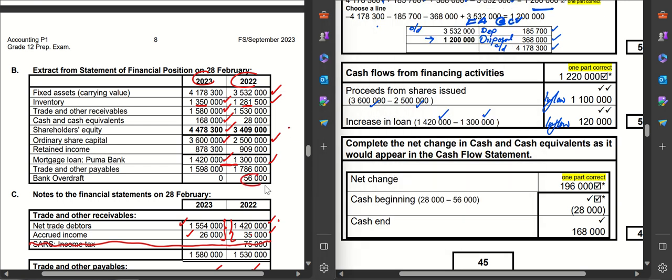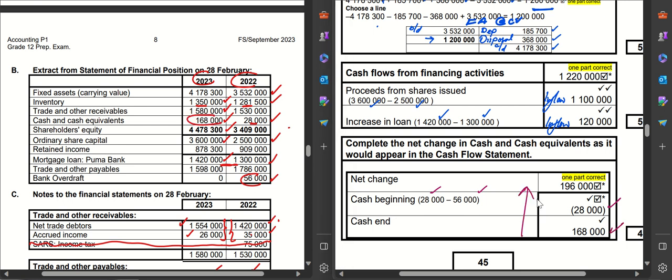They began with 56,000 and then they have cash and cash equivalents of 28,000 there. So we start here with cash at the beginning. So we say the 28, which is that cash there, minus the 56. Then you end up with a negative 28. Then cash at the end is this 168.